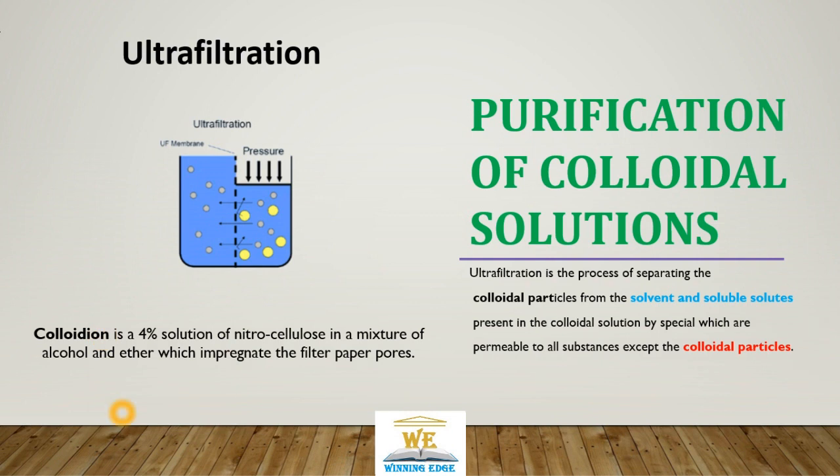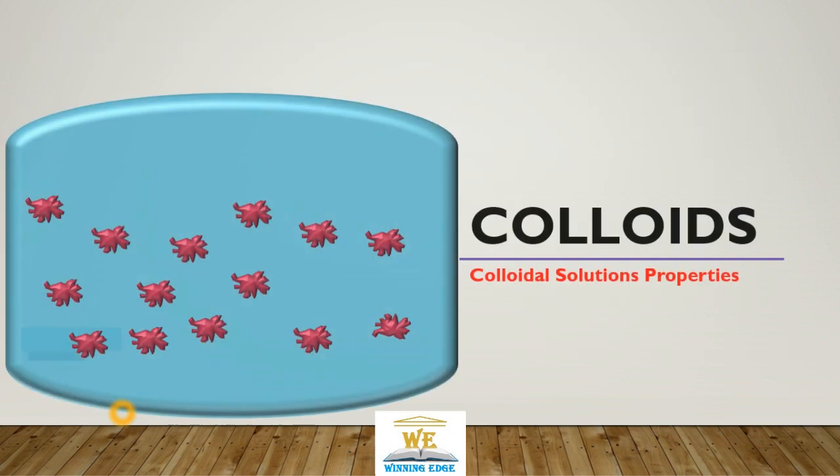That means particles having a size greater than 1 nanometer will not be able to pass through it. Such ultrafiltration membranes are created using collodions.